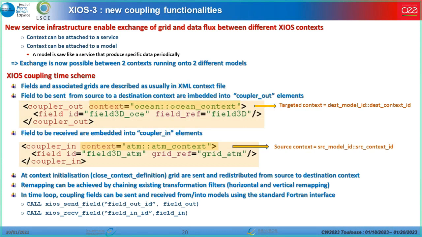And so, you are now able to receive a field on the source grid. And so, you can use a remapping workflow to make the remapping, for example, horizontal and vertical remapping. And in the time loop, from the model, you keep exactly the same interface. XIOS send field, to send your field, XIOS receive field, to receive your field.